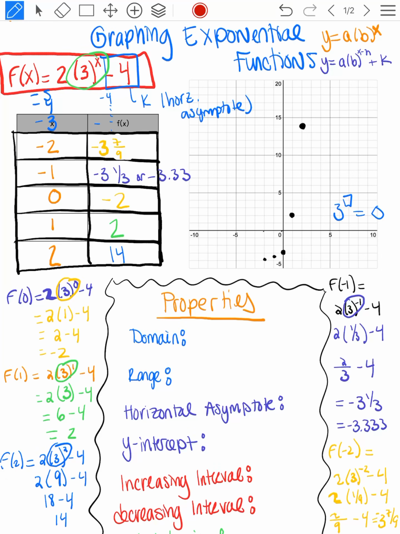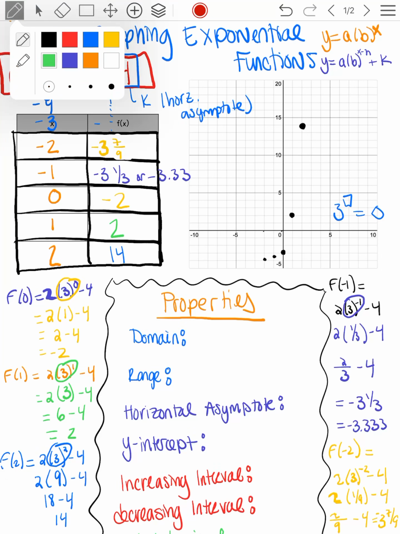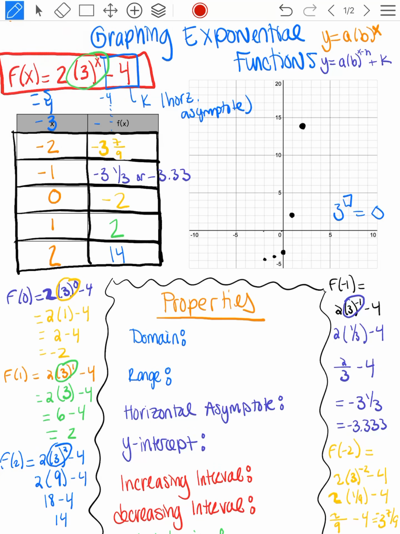So when I multiply by 2, it gets smaller, and then when I subtract 4, I'm just going to get really close to -4. But I'm never going to actually hit -4. So my graph is going to look something like this. I'm going to have a horizontal asymptote at -4, so I'm going to indicate that with this dotted line on my graph. That means I'm going to get close to -4 but not hit it.